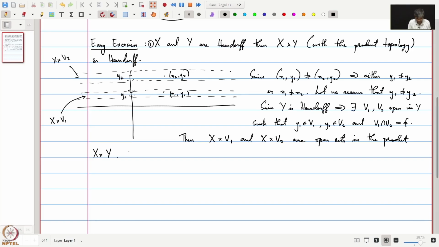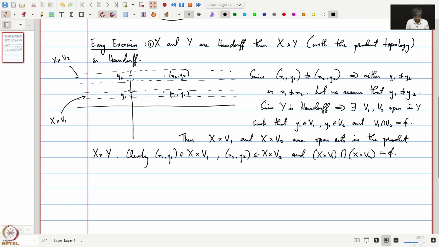So clearly (x1, y1) is in X cross V1, (x2, y2) is in X cross V2, and the intersection is empty. So this shows that X cross Y is Hausdorff.